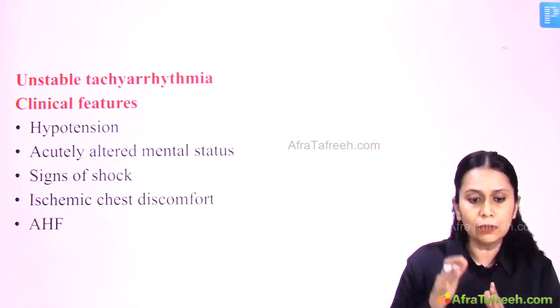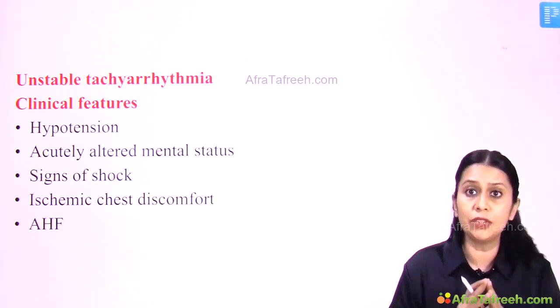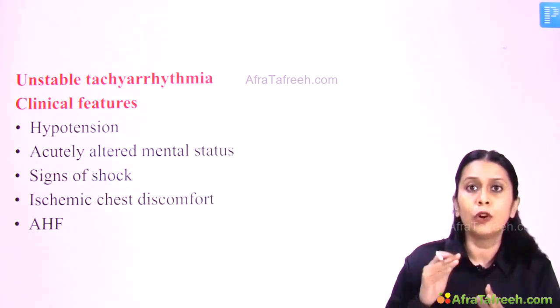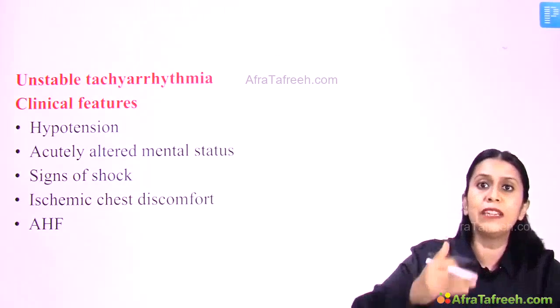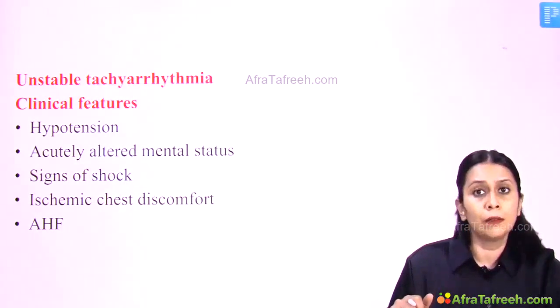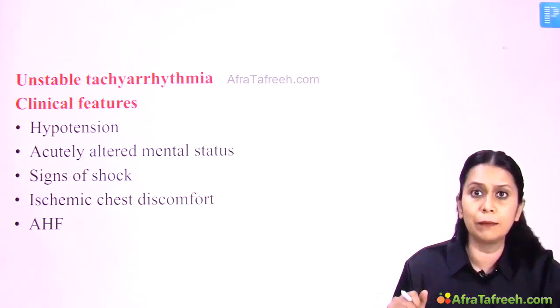Now, if the heart is beating so fast that the cardiac output of the patient is reduced, then because of that low cardiac output, perfusion of the vital organs will get affected. Pulmonary edema can happen, acute chest pain can happen, the patient can have a syncope, and poor perfusion to different vital organs will happen.